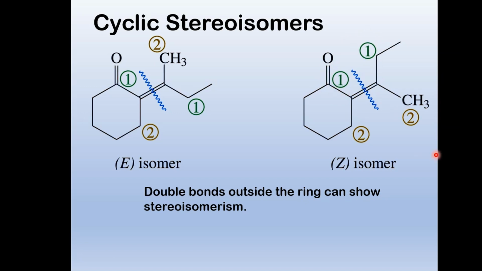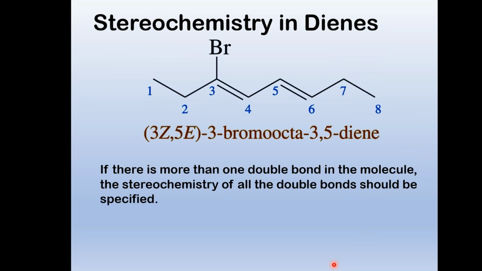Alright, the easy method. This ought to be pretty easy right here. Here's a diene, 8 carbon chain. 3 and 5 is where the double bonds are. So this is an octa-3,5-diene. And here's one of the times where it makes sense to use the new IUPAC method, or you're forced to. So this is neither new or old.